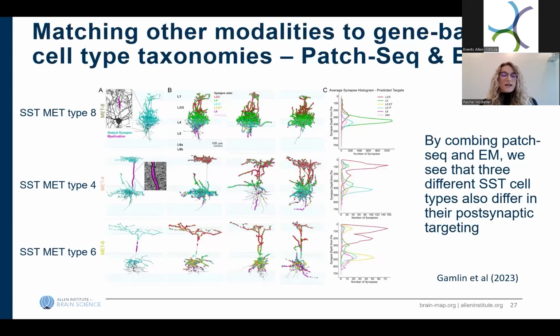So these are all different types of cells within the somatostatin subclass, but by looking at our EM data, we can see that not only do they vary in their electrophysiology and their transcriptomic profiles, they also vary in their postsynaptic targets. So we can see that they target different cellular populations and that they target these populations at different rates and also in different layers of the cortex.